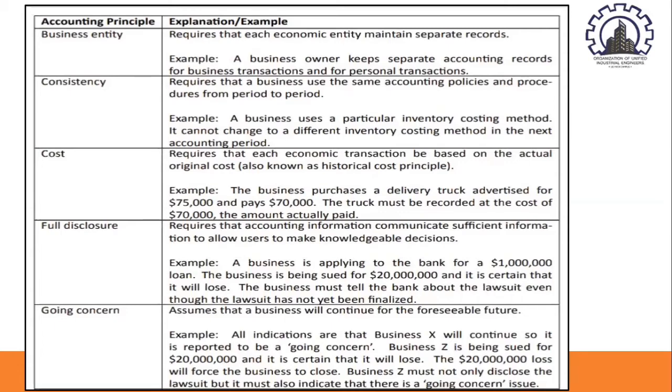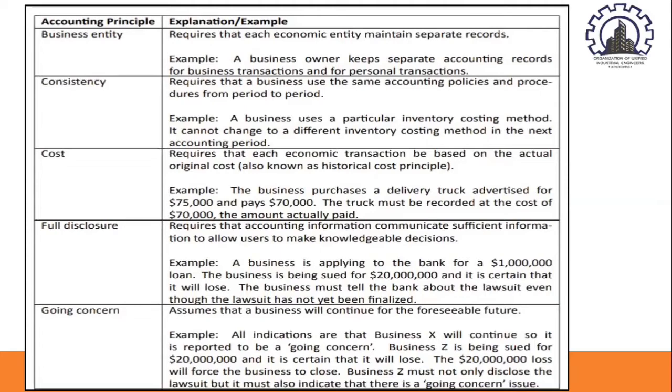For example, a business owner keeps separate accounting records for business transactions and for personal transactions. This further means that if you are the owner of the company, you cannot include your own personal transactions in the business transactions. In other words, it should be separate.